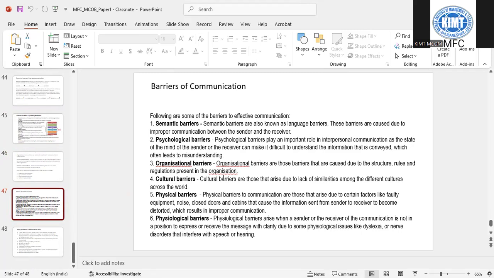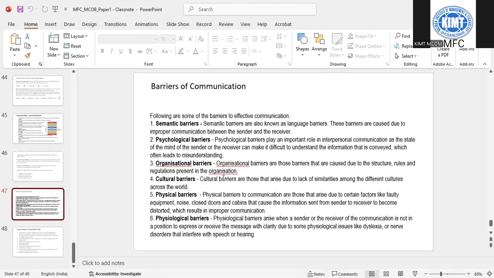What are the barriers of communication? Barriers means what is actually stopping or creating problems for the communication. Semantic barriers. Semantic barriers are known as language barriers. Suppose you know Hindi and you are talking to a person who doesn't know Hindi. That is a semantic barrier.